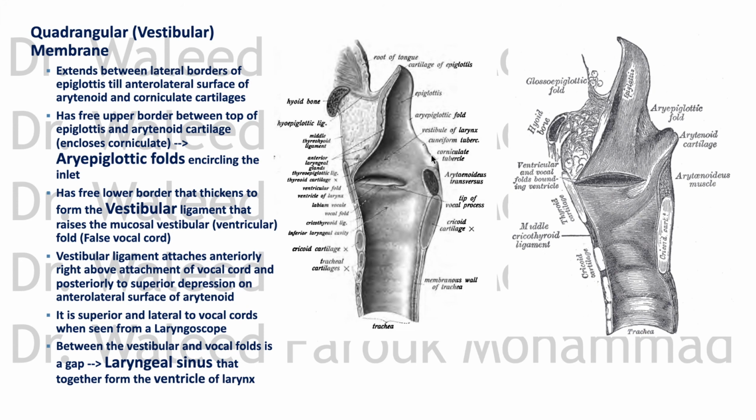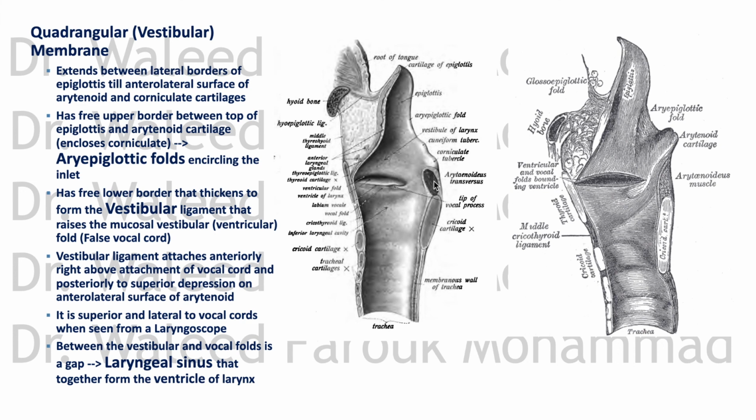Now, it has an upper free border and a lower free border. The other one, the conus elasticus, has only an upper free border. But this one, both borders are free. The upper free border, which you can give a name, aryepiglottic fold, right? And a lower free border. This is called the vestibular fold.